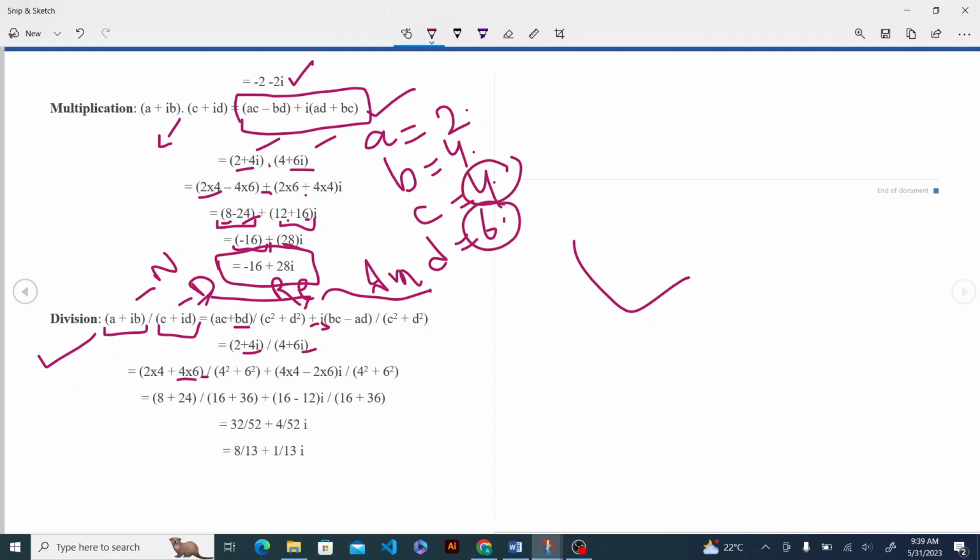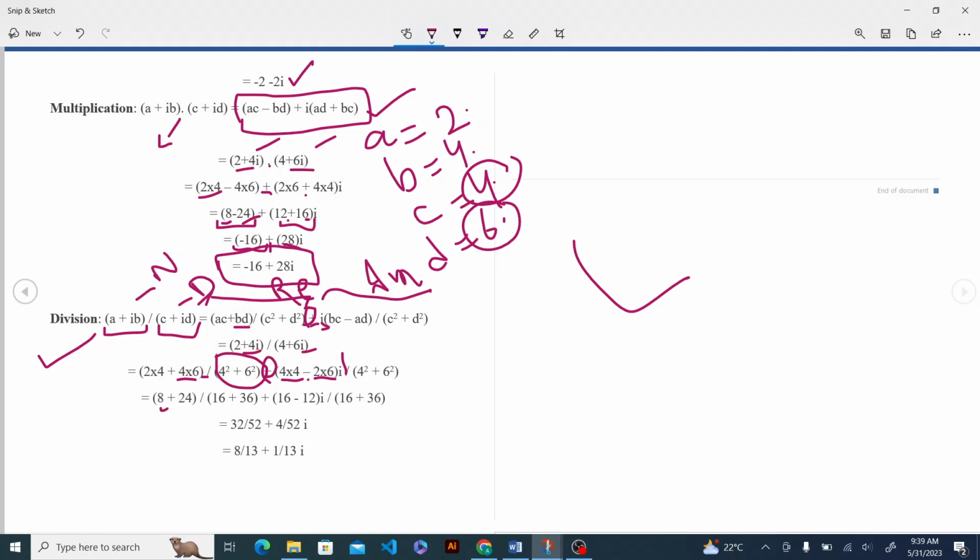They will be squared, and then they will be added up. 4 square plus 6 square, then the plus sign of the formula, iota sign, I have put the iota sign at the end here, and bc minus ad, b into c, 4 into 4, minus sign, and then a into d means 2 into 6, then the same denominator which was for the first part or the real part, 4 square plus 6 square. Let us calculate.